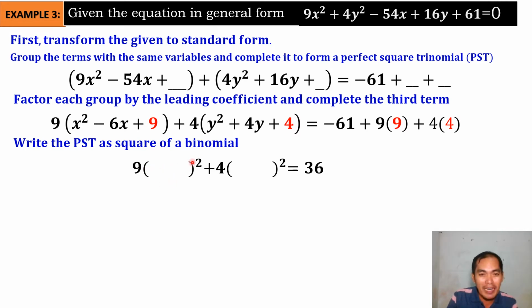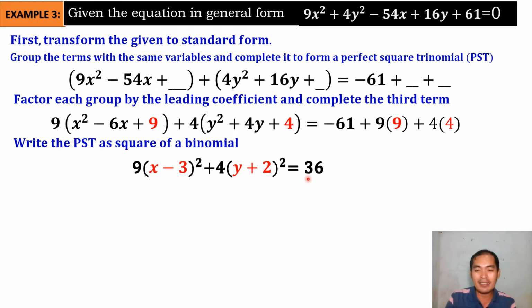How to get the binomial here? Just get the square root of x squared. We have x. Copy the sign of the middle term, negative. Square root of 9 is 3. So, x minus 3. Then here, square root of y squared is y. Copy the plus sign. Then, square root of 4 is 2. So, we have x minus 3 and then y plus 2.